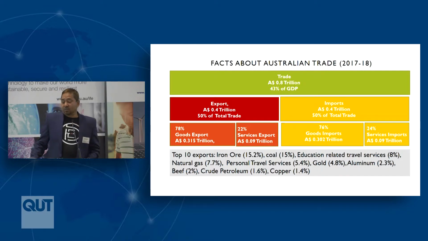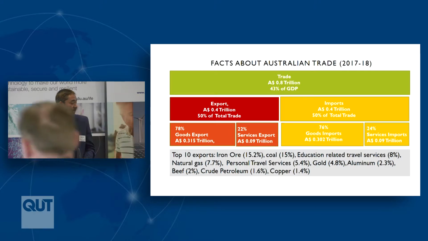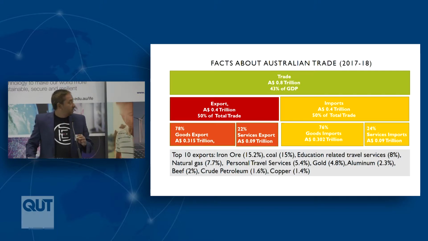About 50% of Australian trade is mineral products, and the top 10 includes iron ore, about 15.2%, coal 15%, and also education-related travel services, which is 8%, and other mineral products including natural gas, gold, aluminum, beef, crude petroleum, and copper. Beef comes from agricultural export. So this is the structure of Australia's trade in terms of the aggregate picture.